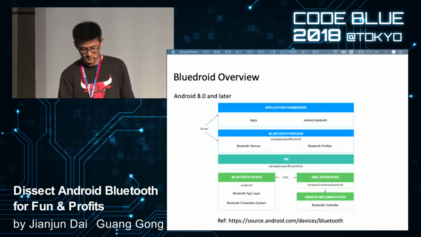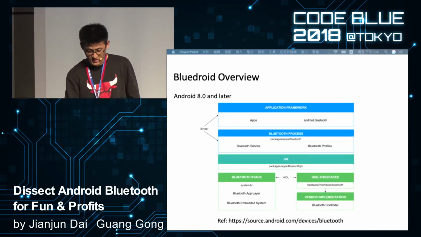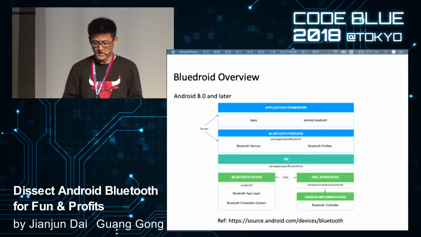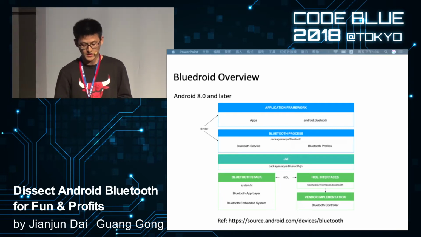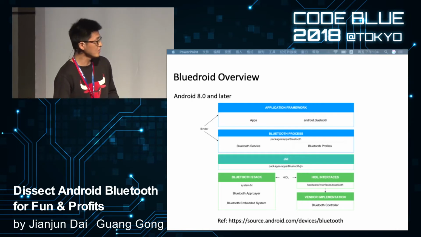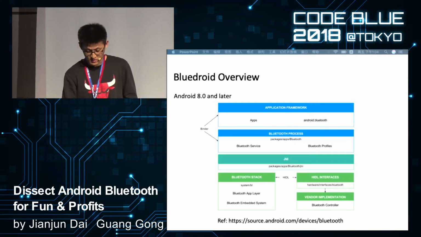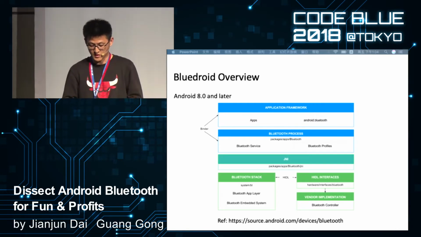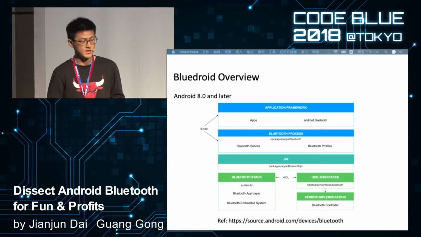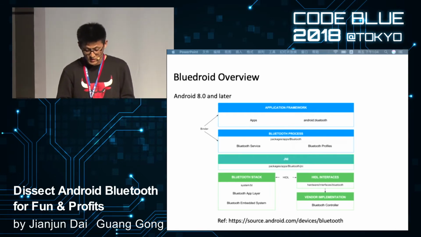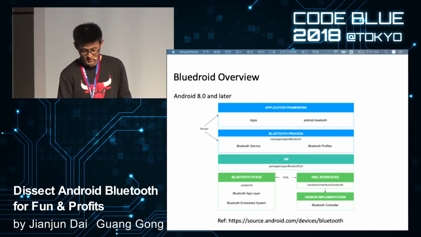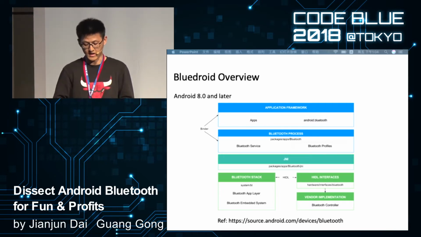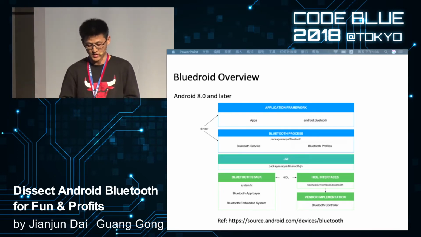Let's have a look. The largest change in the native Bluetooth stack between Android 8 and the previous versions is the use of a treble. Vendor implementations in Android 8 must use HIDL instead of libbt-vendor. Vendor devices interact with the Bluetooth stack using the hardware interface definition language.